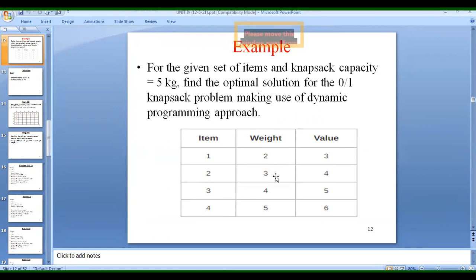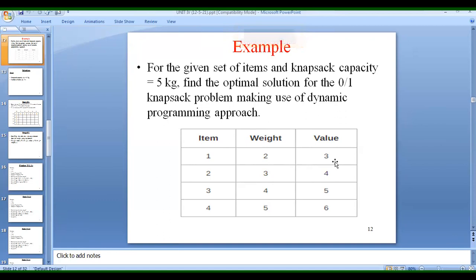So 5 is the maximum weight that can be carried by the knapsack bag. That is, the bag capacity is 5 kg. Only within that particular capacity, we identify two items. If you place them, then it will give the maximum profit.